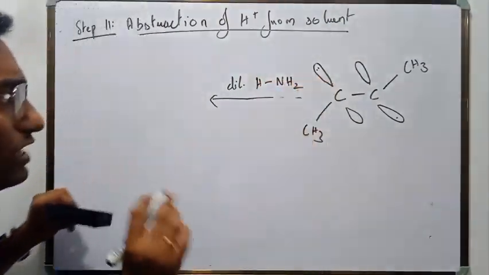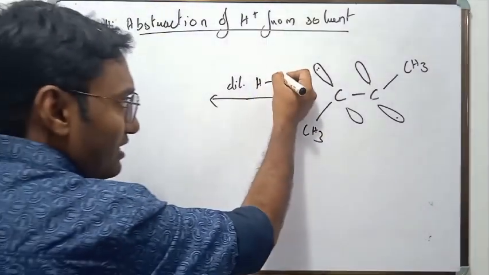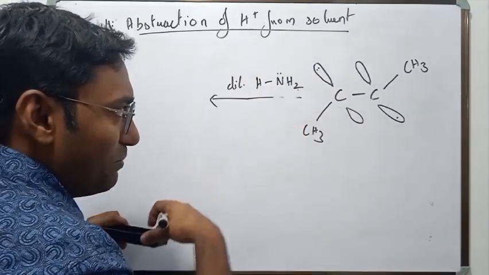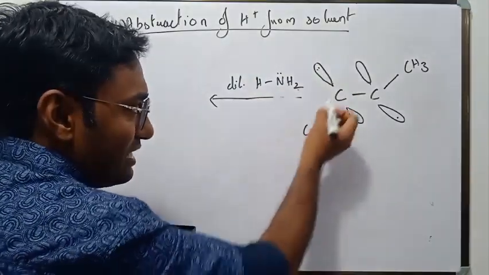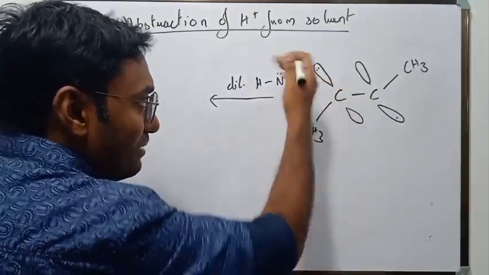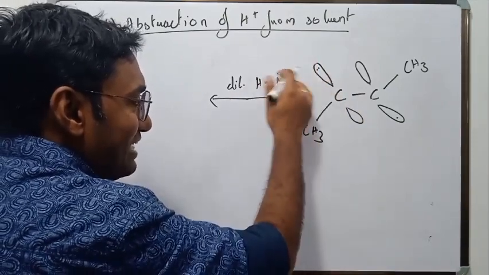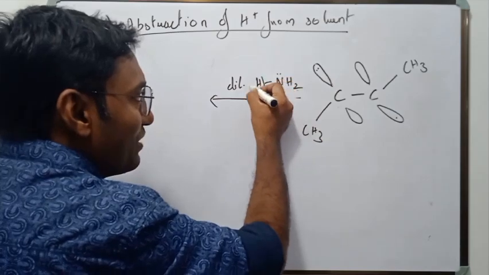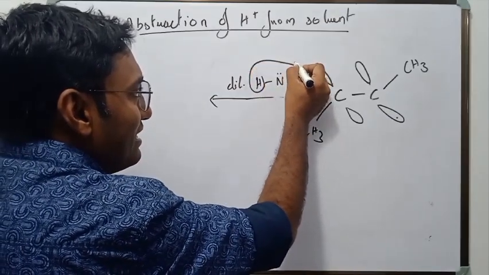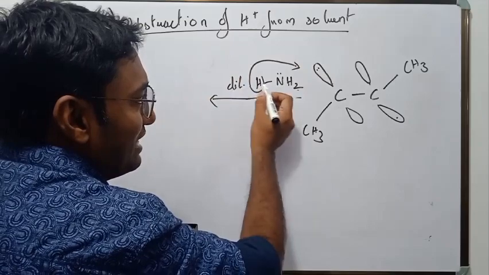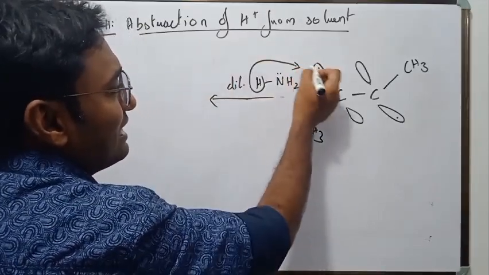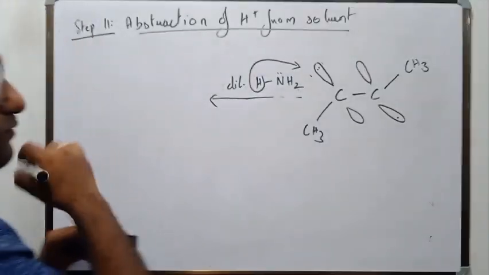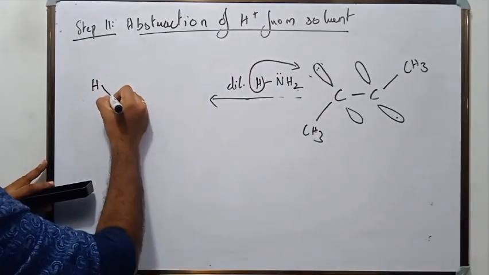Ammonia is basic in nature, it has a pair of electrons, so it tries to donate electrons. But the carbon anion is a greater base than ammonia. When it encounters a carbon anion, ammonia actually acts as an acid and gets rid of its H. The H plus dissociates, and that H plus goes and attaches to this pair of electrons. So now what we get is this.